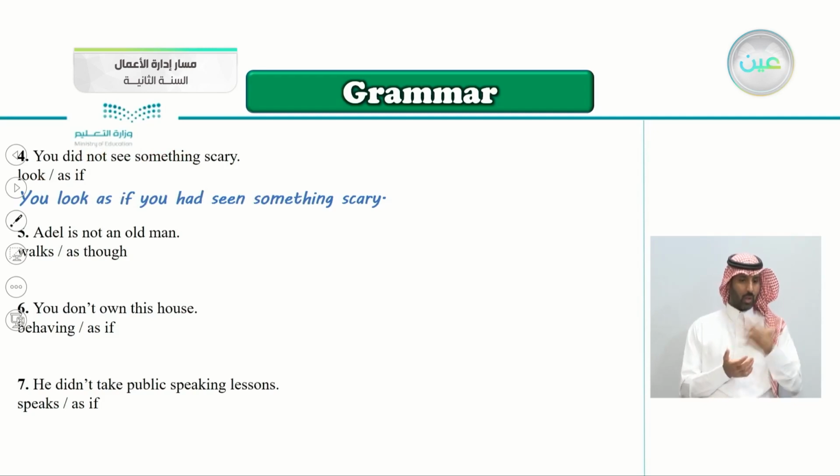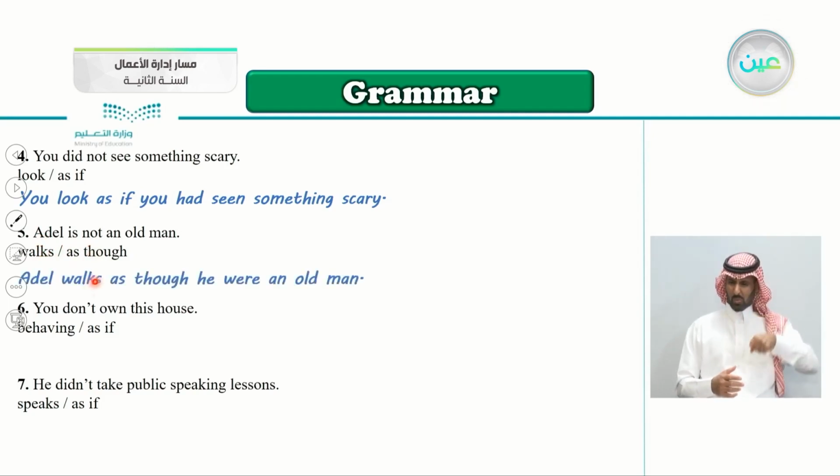Number five, Adil is not an old man. Walks as though. Yes, excellent. Adil walks as though he were an old man, but in reality, Adil is not. Maybe he's still a teenager. Number six, you don't own this house. Behaving and as if. Yes, very good.